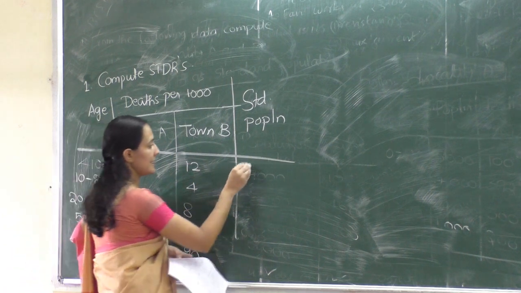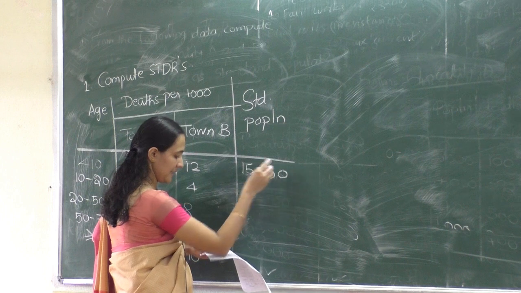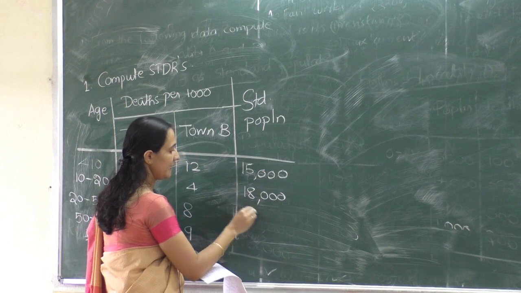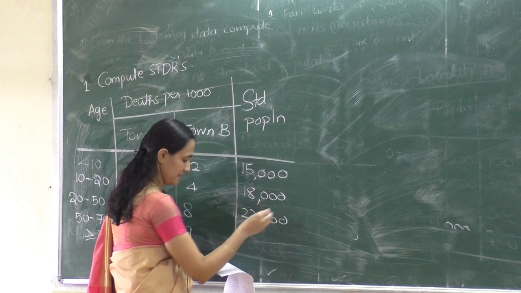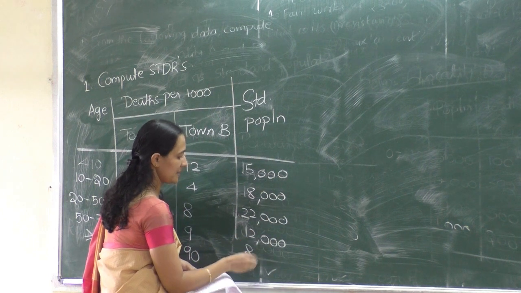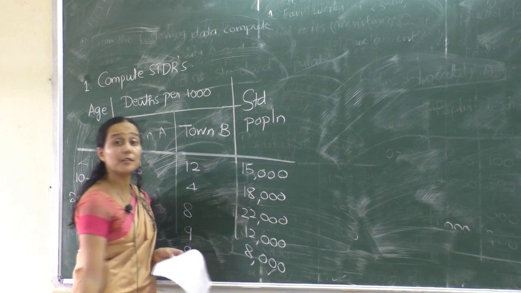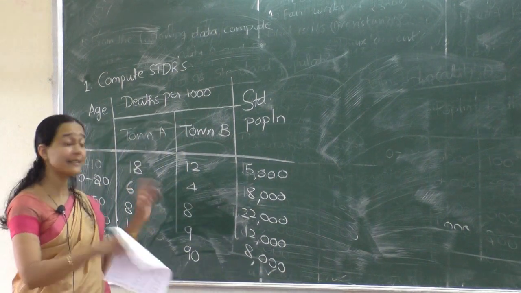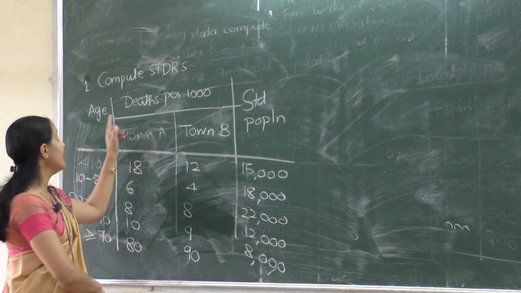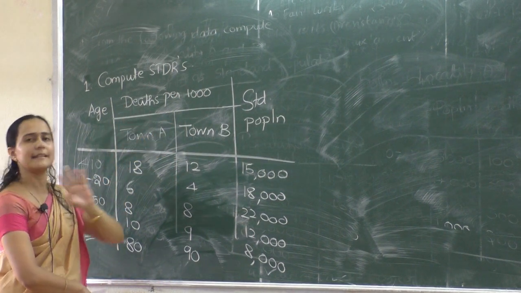Then the standard population: 15,000, 18,000, 22,000, 12,000, then 8,000. One thing you have to remember: in the third type of problem, this is usually asked for a 5 marks question. Compute STDRs and comment.